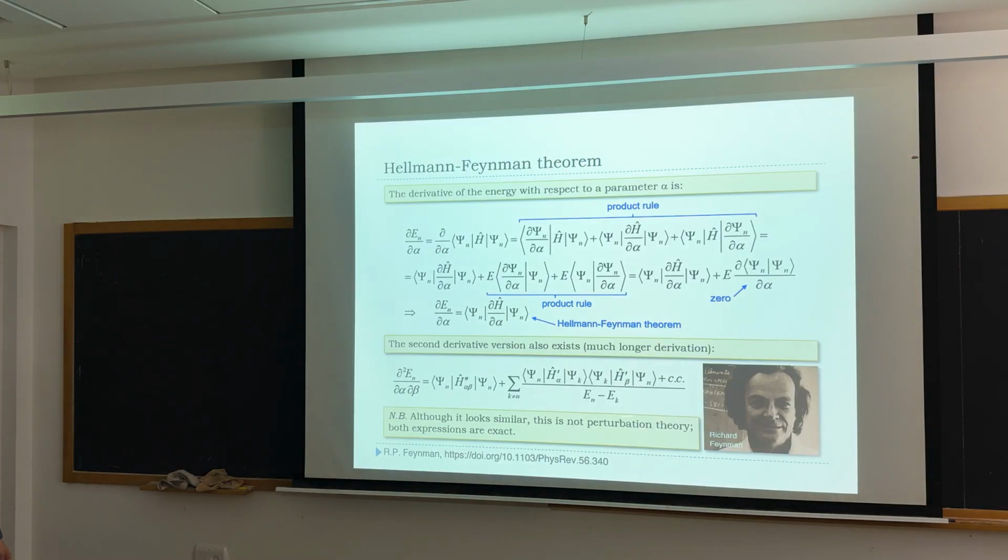Note how similar this is to perturbation theory. Those of you who did second order perturbation theory will sort of vaguely recognize the expression. This isn't actually perturbation theory. This expression is exact.